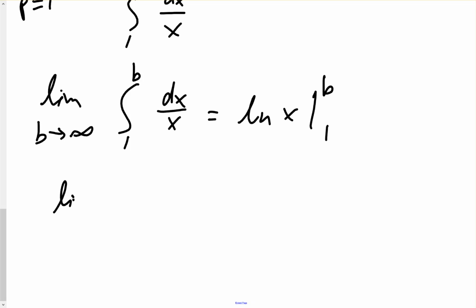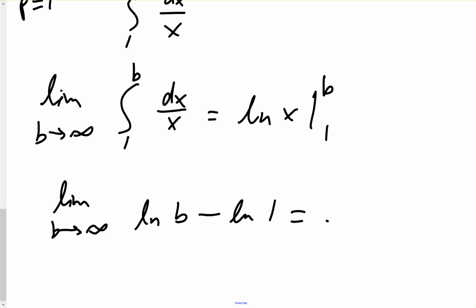Okay, so this would be the limit as b approaches infinity, and we have ln b minus ln 1. Okay, so if we do limit as b approaches infinity, ln of infinity would be infinity and minus 0.